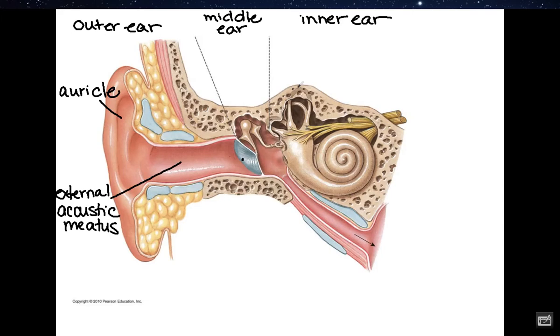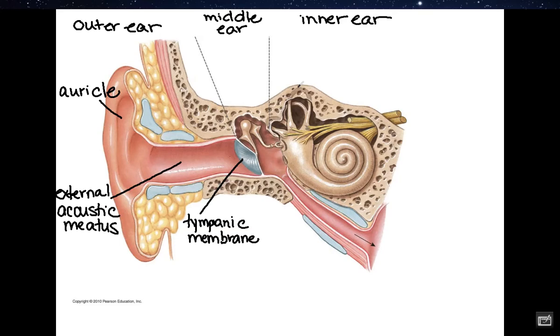Once it actually reaches the middle ear, it reaches this structure, which is called the tympanic membrane. We call it the eardrum, and that's because the word tympanic actually refers to a timpani style of drum that you would see in a band or an orchestra.